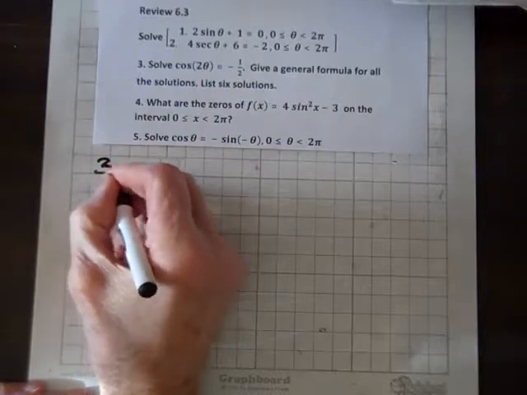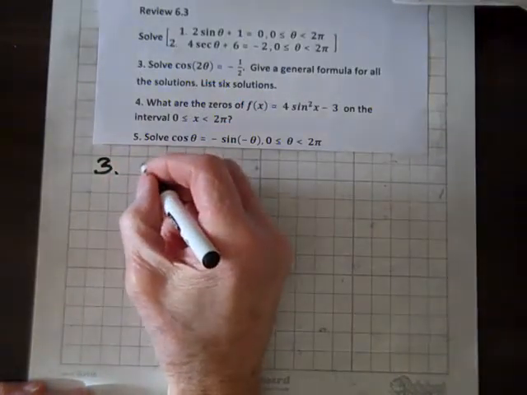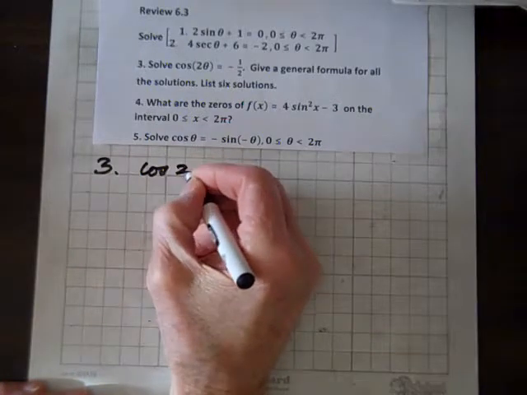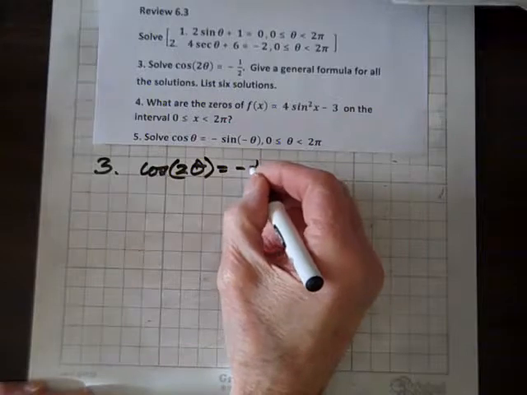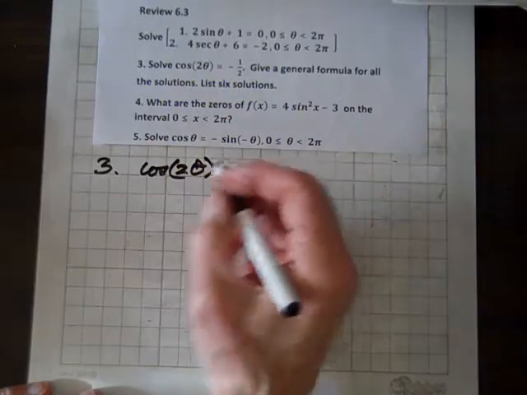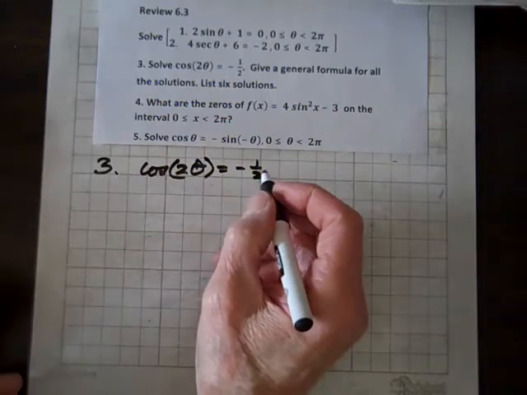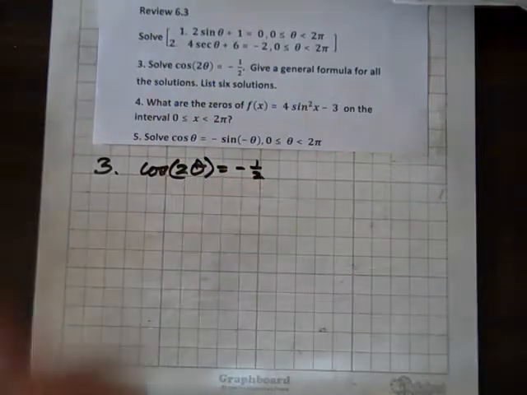Good. So for number 3, we've got the cosine of 2 theta equals negative 1/2. And so cosine of what angles equal negative 1/2?